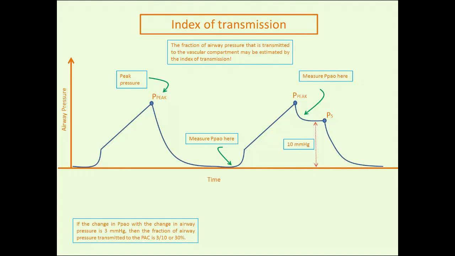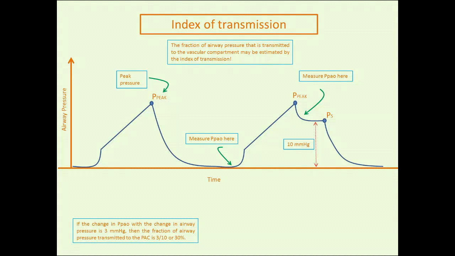An important caveat to this, and I will admit that I've cheated on this, is that you cannot use this analysis for a right atrial pressure. This cannot be applied to the CVP. This can only be applied to the pulmonary artery occlusion pressure. And the reason is a bit complicated, but it's essentially that as you increase thoracic pressure, you will change your right atrial pressure, not simply as a function of changes in intrathoracic pressure, but you will also change your right atrial pressure as a function of changes in systemic venous return.